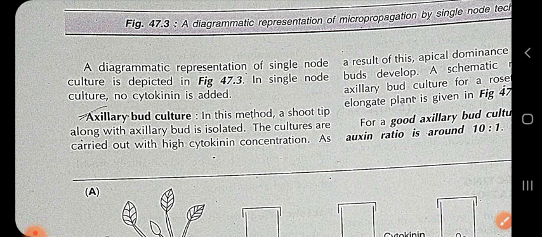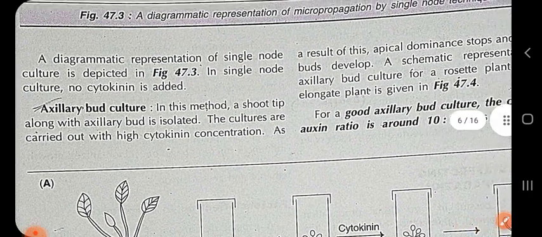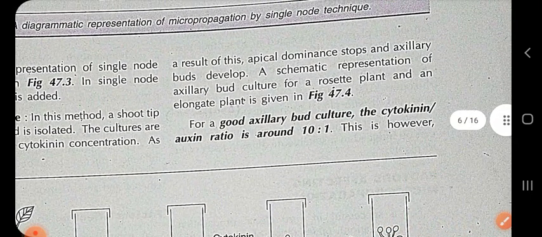So we directly take the shoot tips having that axillary bud, just that part, minimizing the nodal segment, and then we use them for inoculation in the culture medium with high cytokinin concentration. As a result of this, apical dominance stops. Apical dominance means the shoot apex will stop its dominance. It will not grow, and it will help the axillary bud to proliferate.